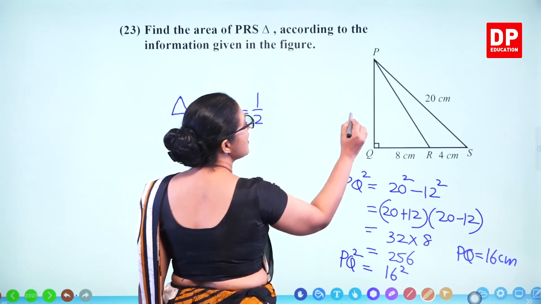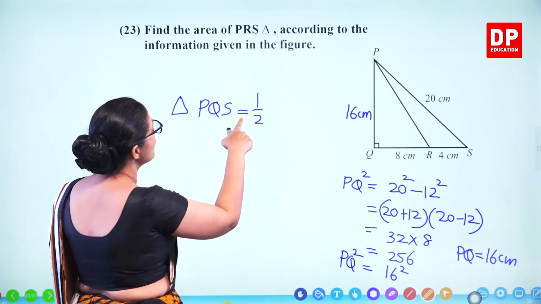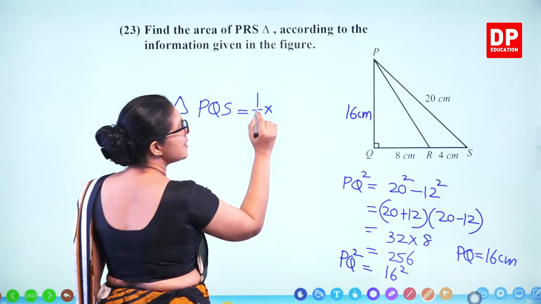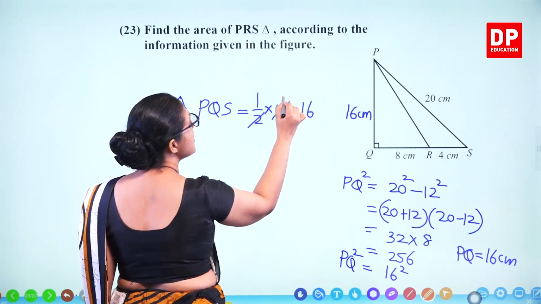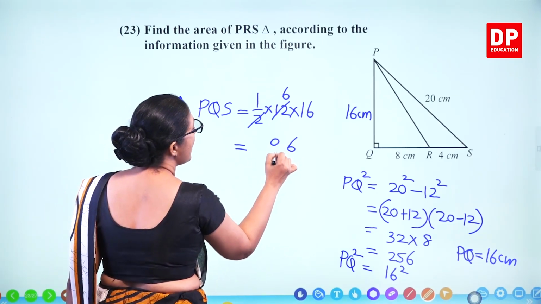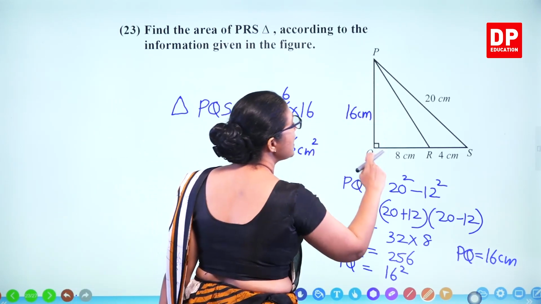Now we can find out the area. Half times base length 12, height 16. Half of 12 is 6, 16 times 6, 96 square centimeters. So that's the area of PQS.